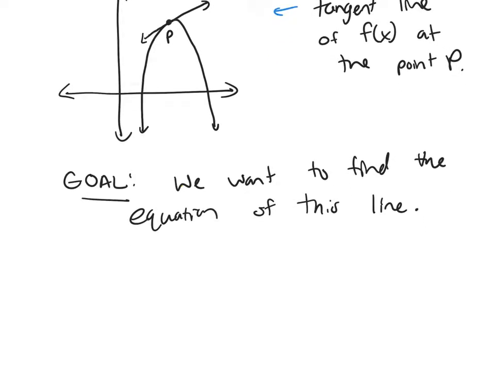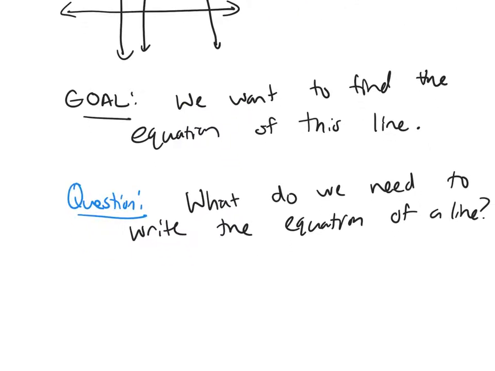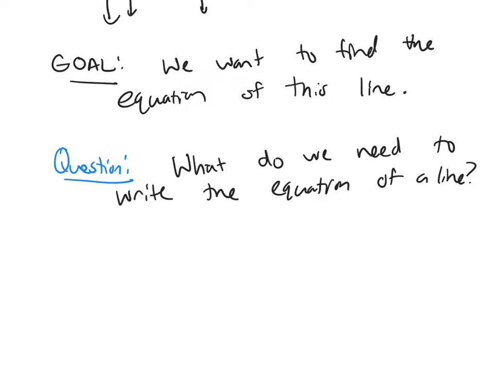So, in order for us to do that, we should stop and ask ourselves the following question: what do we need to write the equation of a line? So stop and think about it. There are two things you need to write the equation of a line. You need a point, and we need the slope of the line.